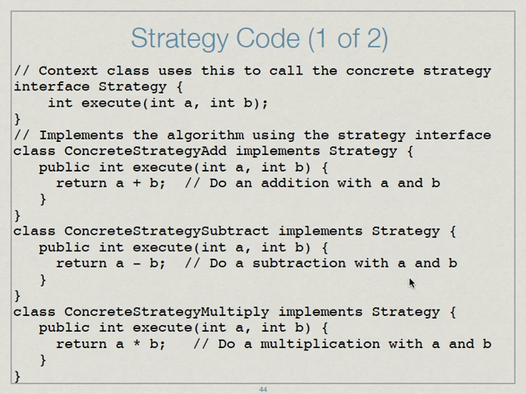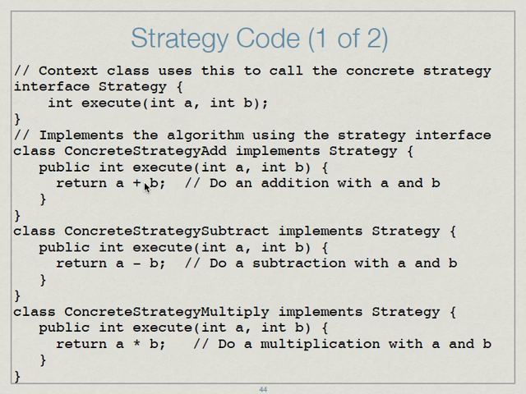Okay, so let's see this piece of code right now. To make our example simple, just assume our algorithm is simple addition, subtraction, and multiplication. In reality, we would have perhaps several dozens of code to implement a complex algorithm.